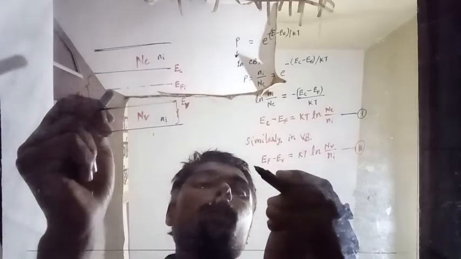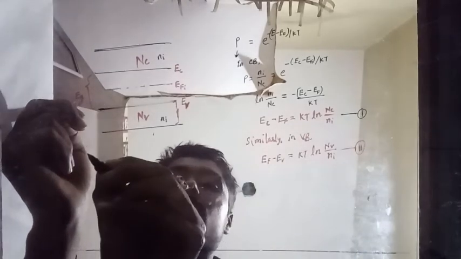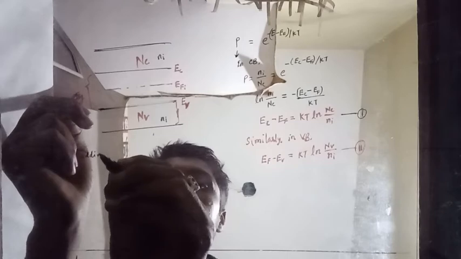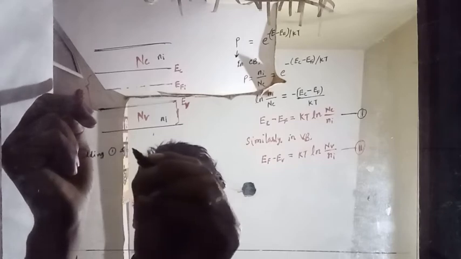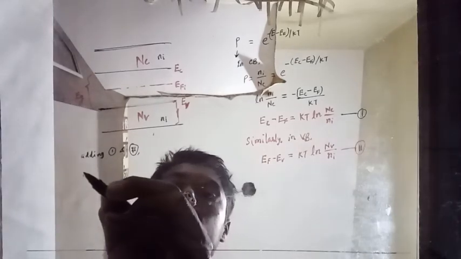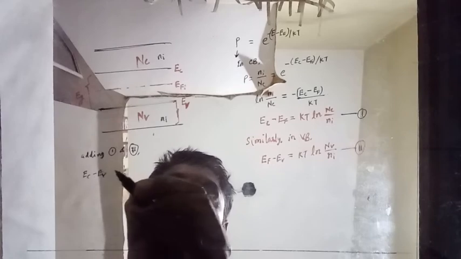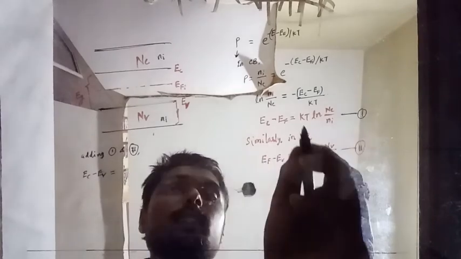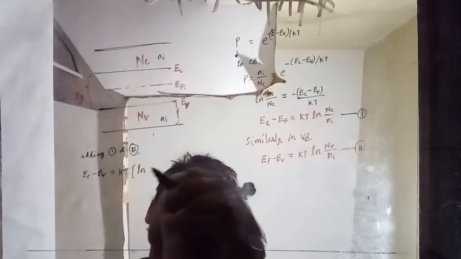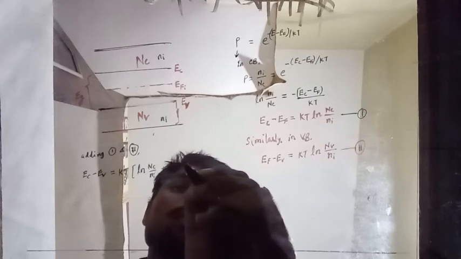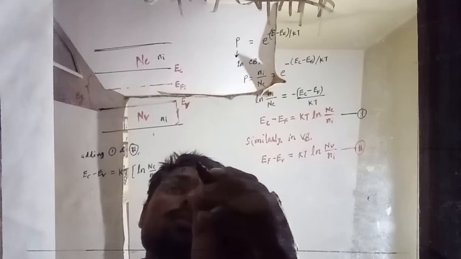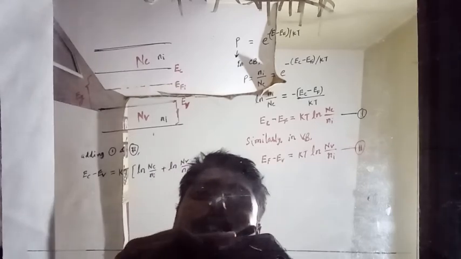EF and EF will cancel out, and adding equation 1 and equation 2, we get Ec minus Ev equal to KT, which is common, times ln Nc upon Ni plus ln Nv upon Ni.